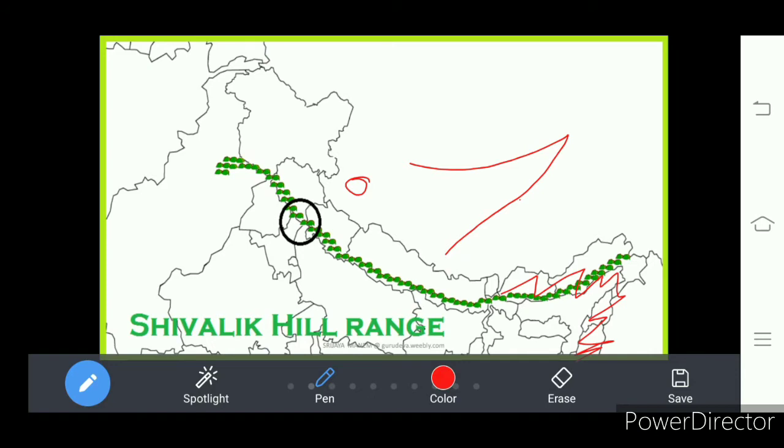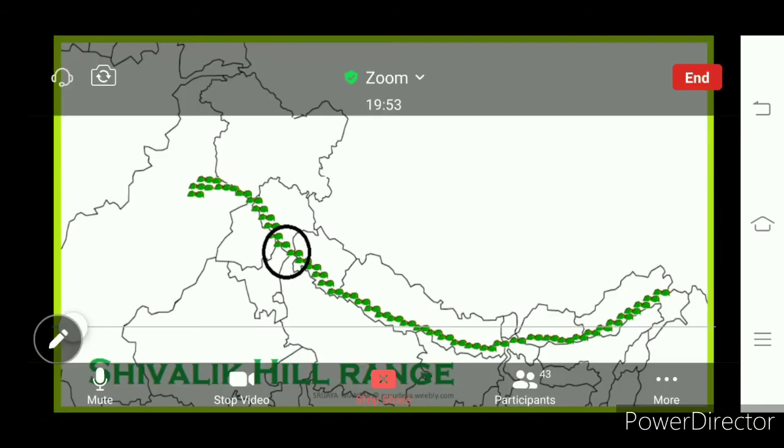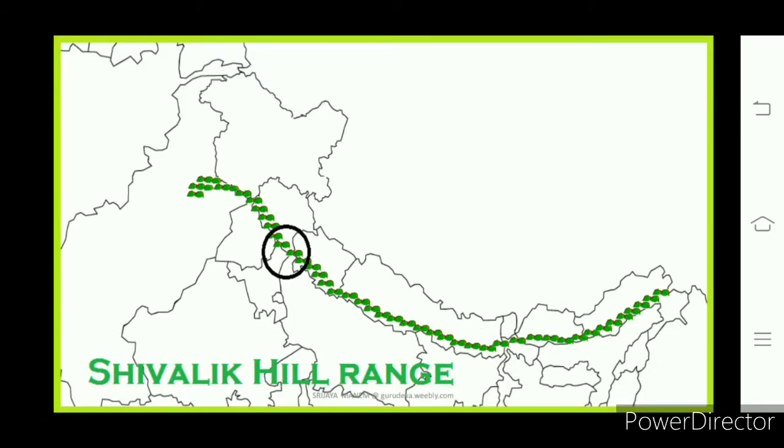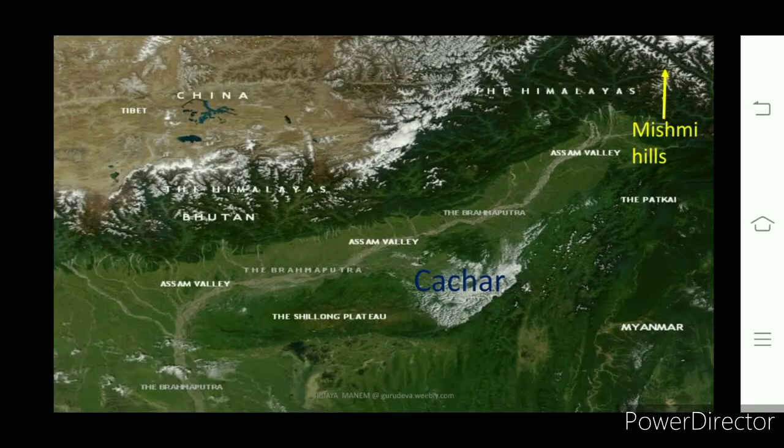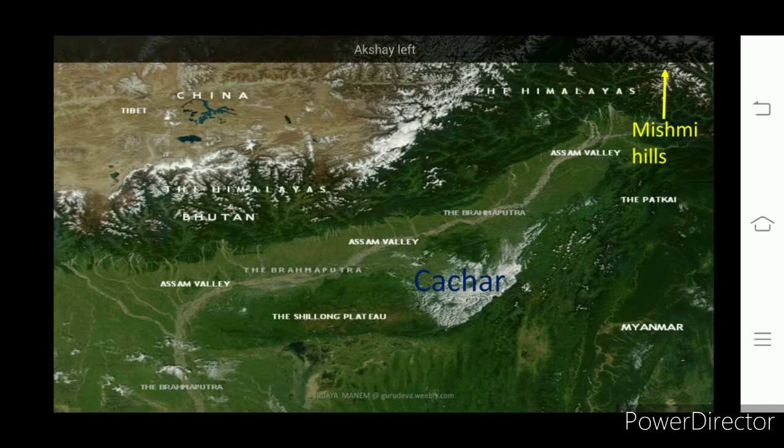So the Himalayas take a hairpin bend in the eastern part of India and move towards the south direction. That is what we call the Purvanchals. Let me show you that. Look at here. This is what we call the easternmost boundary of the Himalayas.